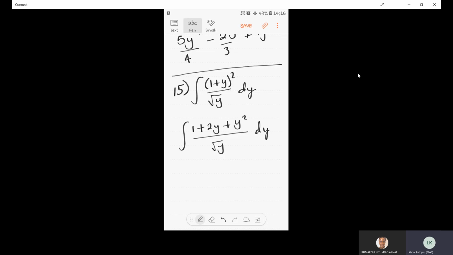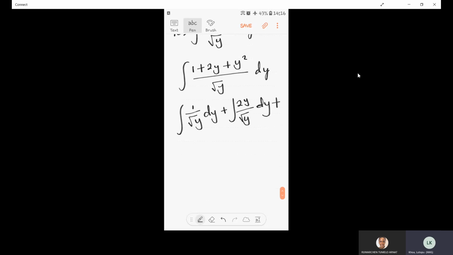So this is the integral of 1 over the square root of y dy plus the integral of 2y over the square root of y dy plus the integral of y squared over the square root of y dy.